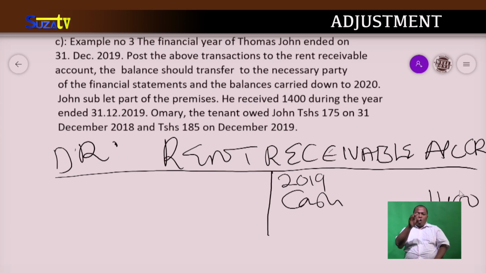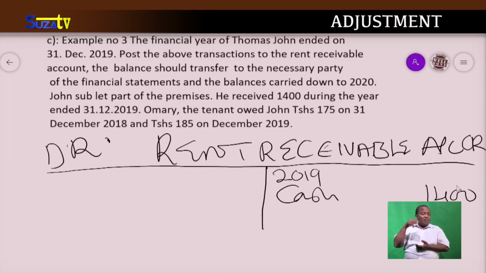Omari, the tenant, owed John Tanzania shillings 175 on 31st December 2018. Remember that this amount Omari owed John, you may say that this is a previously accrued. All previous accrued for a revenue account should be recorded on the debit side.